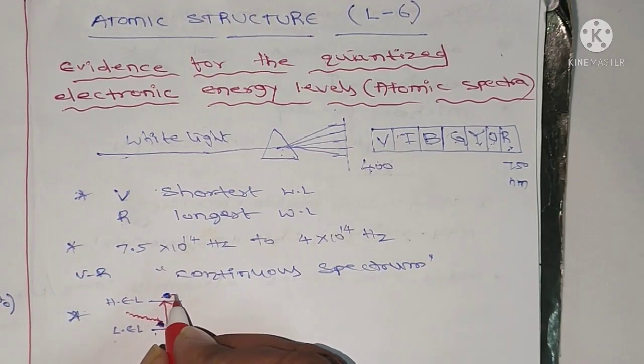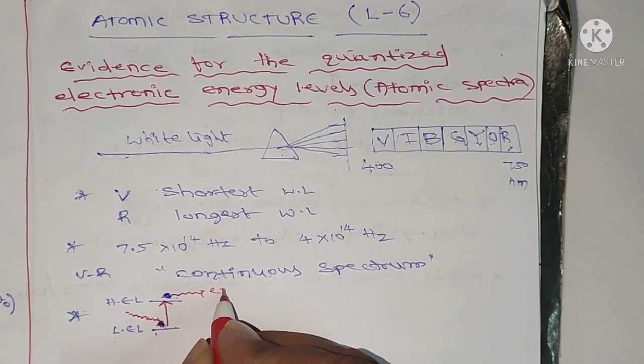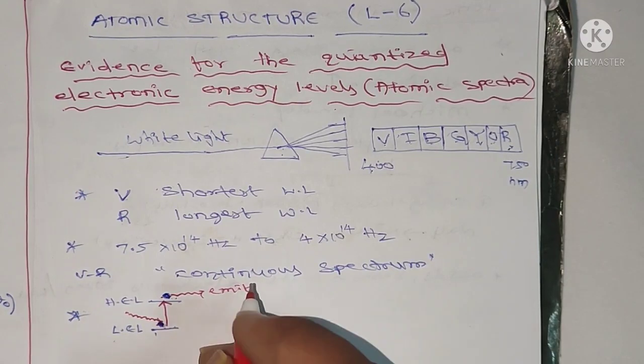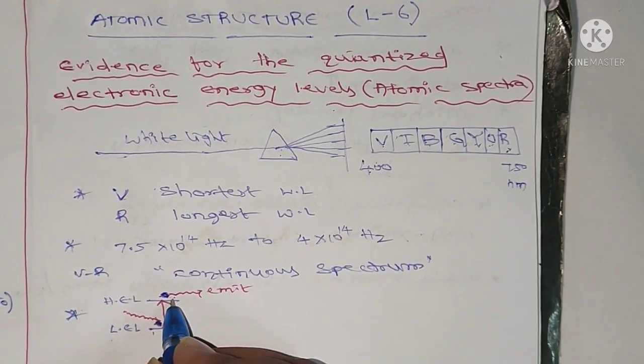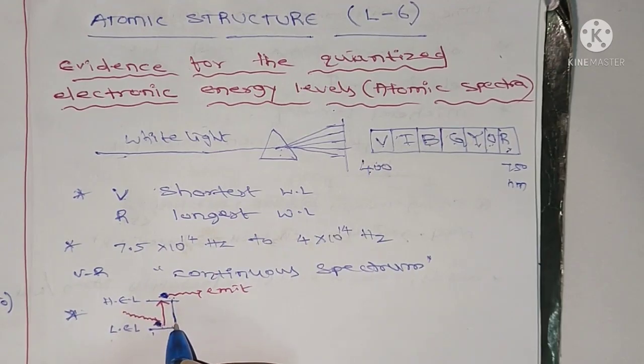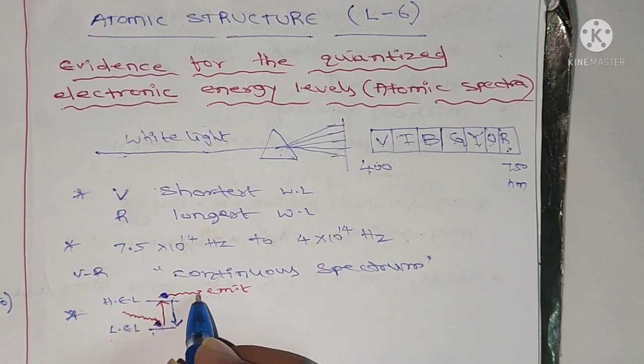So this atom emits the radiation, then comes back to the lower energy level. This emitted radiation will give the spectrum.